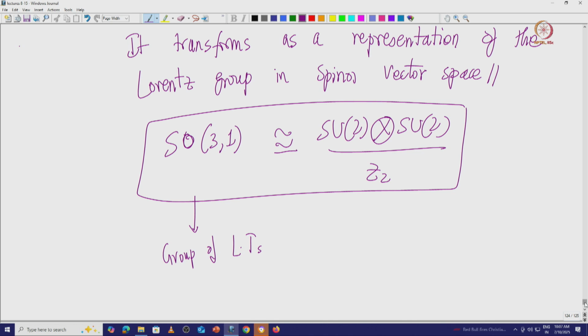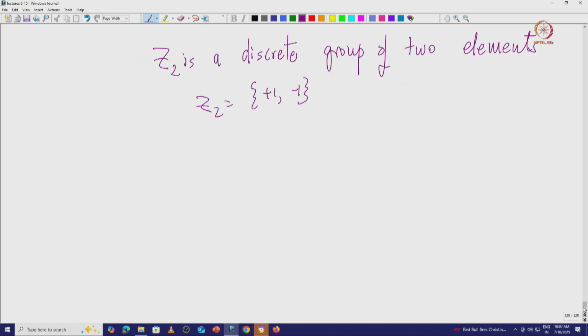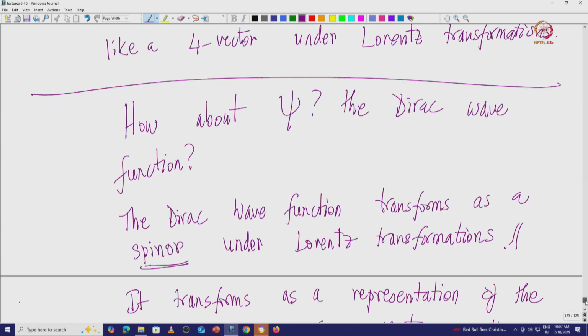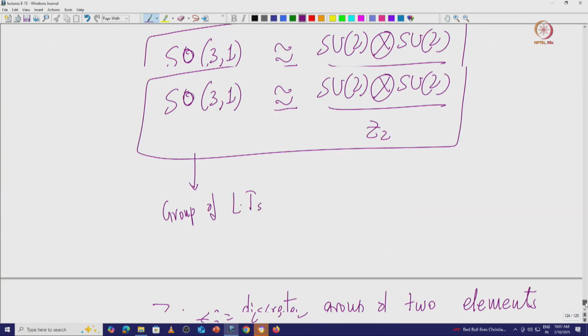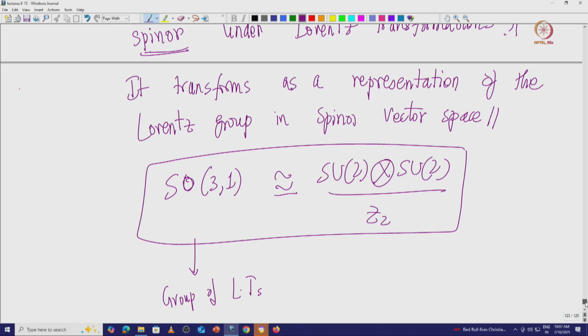The Z2 will roughly end up being parity, the space inversion, but anyway we will worry about how the Dirac spinor forms a representation of the Lorentz group.